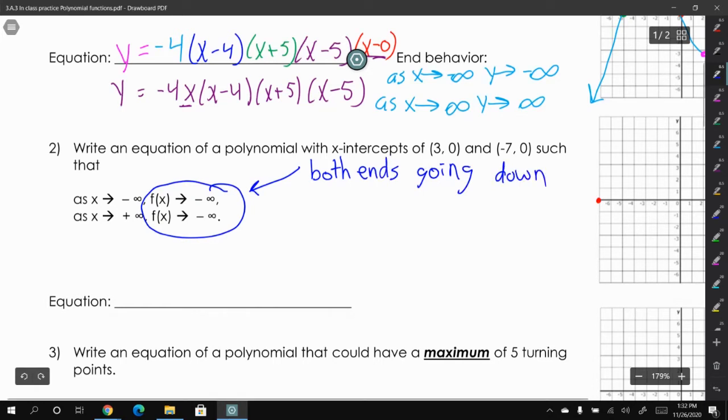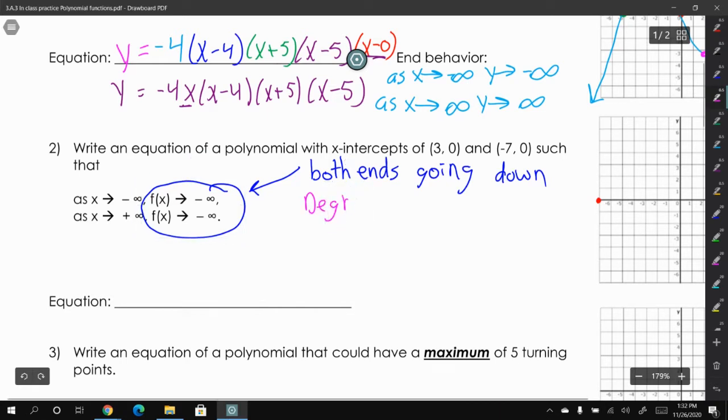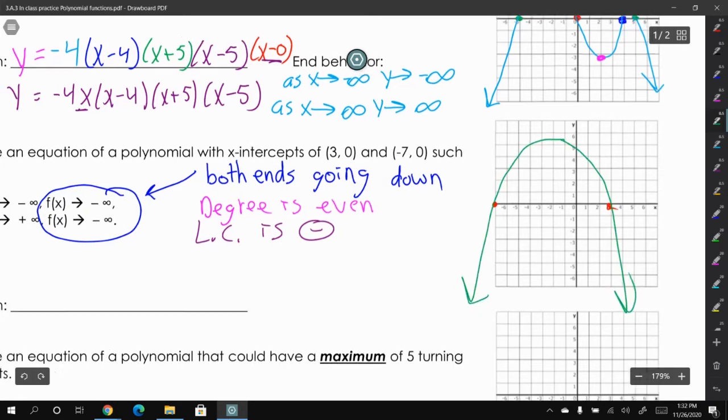What this tells us is that your degree is even and your leading coefficient is negative. So the most basic graph would look something like this, a parabola open downwards.